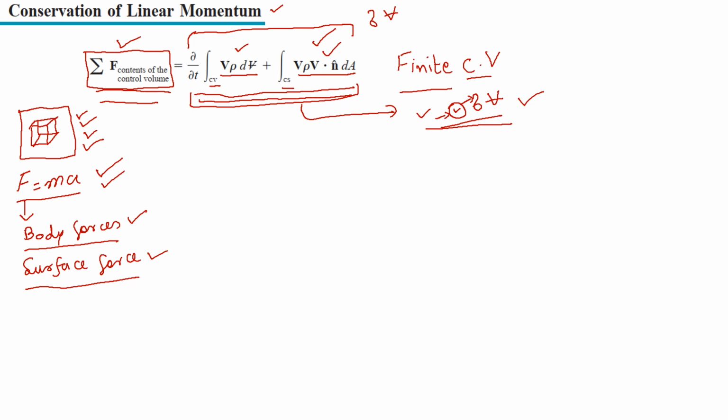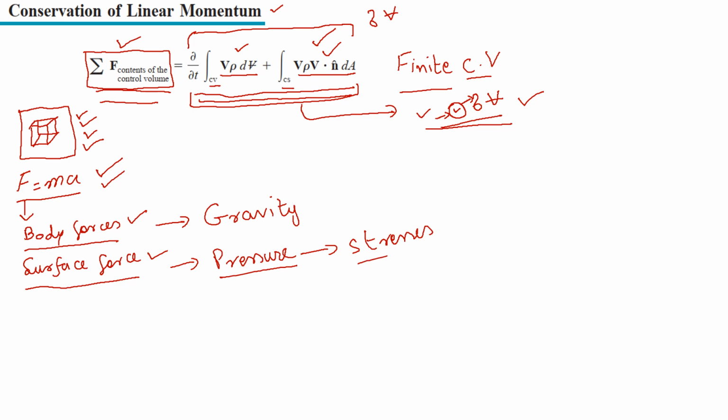For a body force example, we will take gravity. Gravity is an example of our body forces, and for surface forces we will take pressure, and due to pressure a certain amount of stresses will be generated. So we will talk about the stresses. These stresses will include both our normal stresses and our shear stresses. This is what we are going to talk about when we talk about the differential form of conservation of linear momentum.